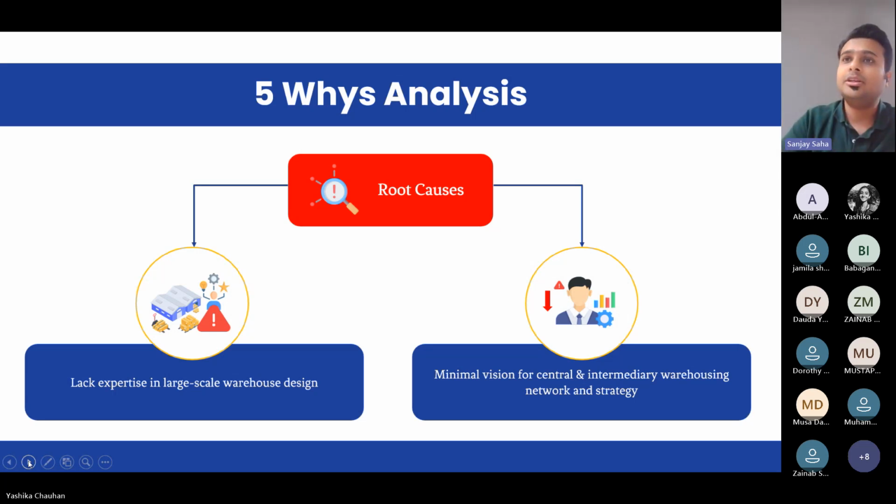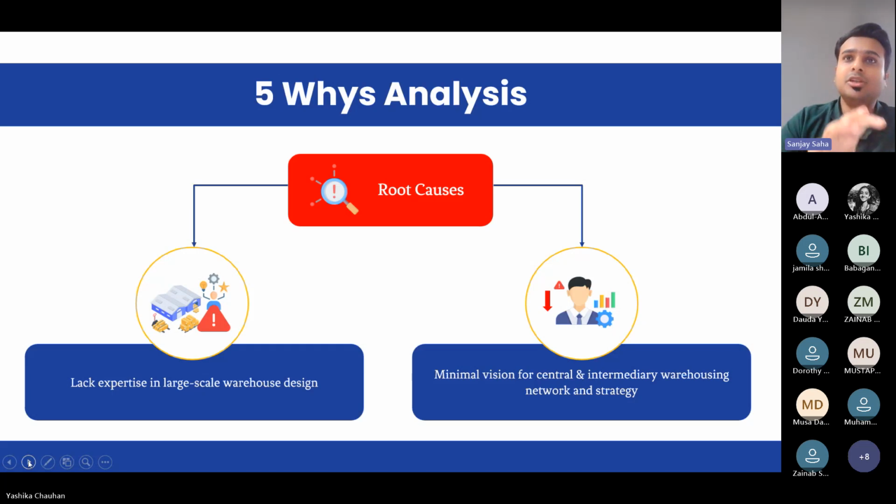So out of all the causes that you saw in the previous slide, a few will jump out. Whenever you're doing fishbone analysis, once you segment all your causes, you will see that a few causes look like the most significant causes of the problem that you are seeing.